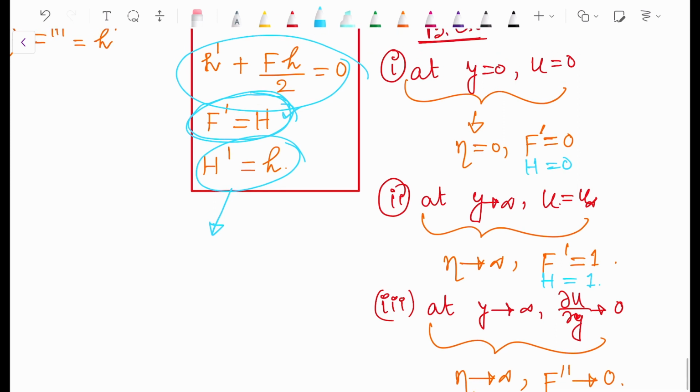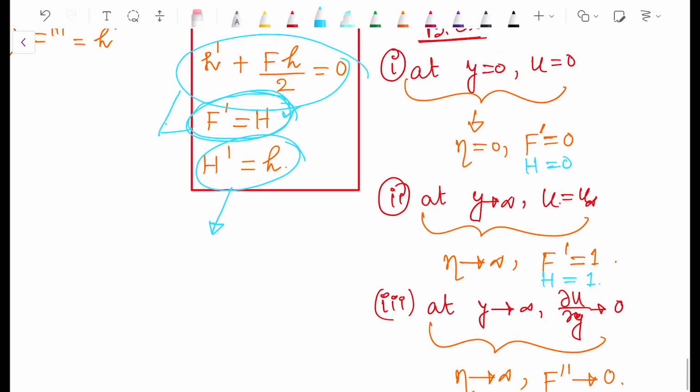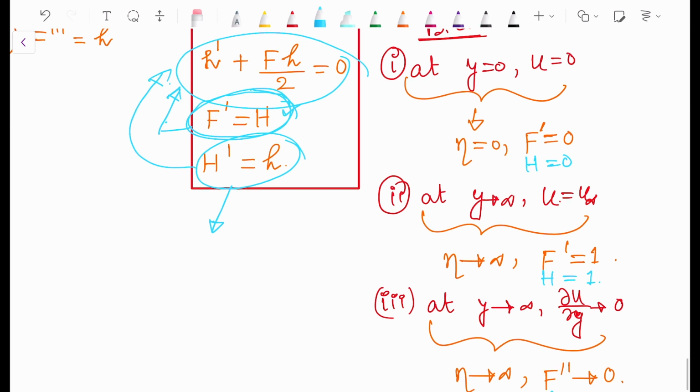Then I can put the solution into this one. Then I have to guess some value for f double dash, that is h dash, at infinity. That will be my guessed boundary condition.